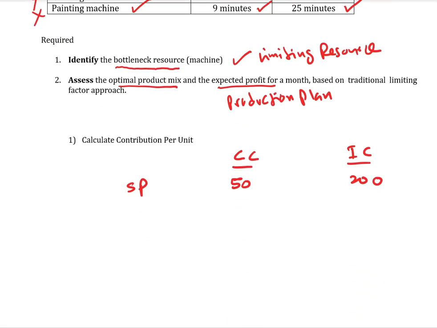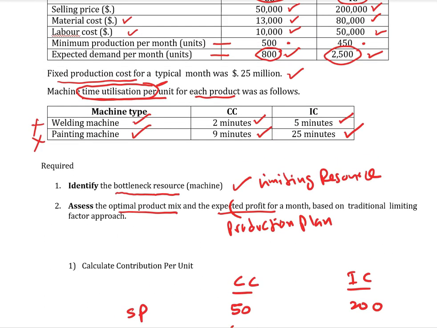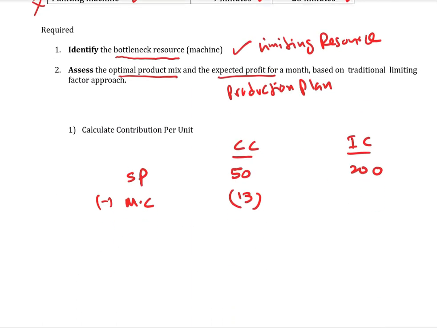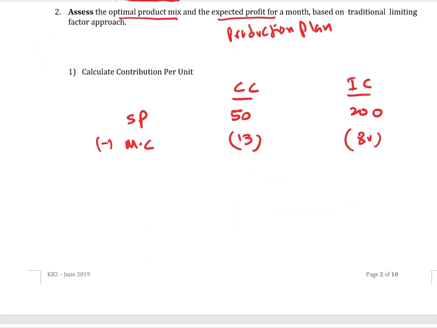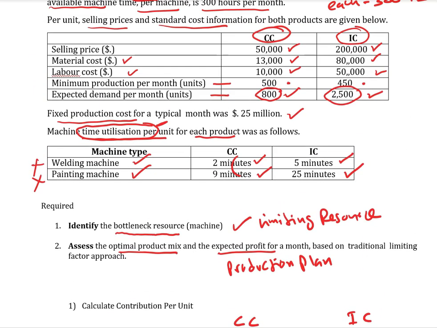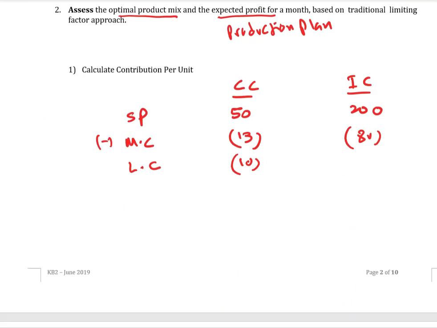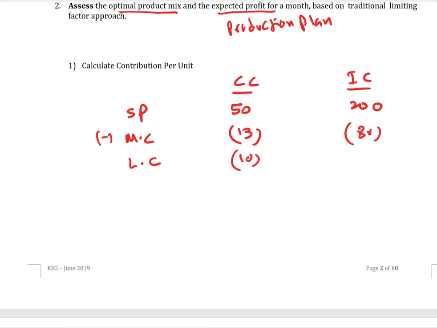Material cost: we need to deduct the material cost. 13, and IC will be 80. And you are given the labor cost. How much is the labor cost? 10,000 and 50,000.